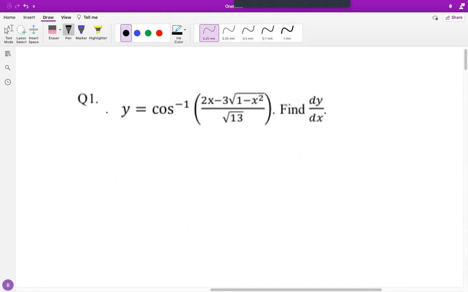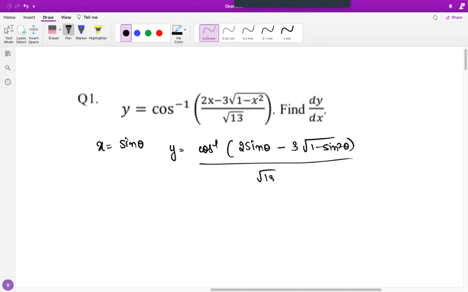First, you need to take x equal to sine theta. Once you have taken x equal to sine theta, y equal to cos inverse of 2 into sine theta minus 3 into square root of 1 minus sine square theta, the whole divided by root 13.